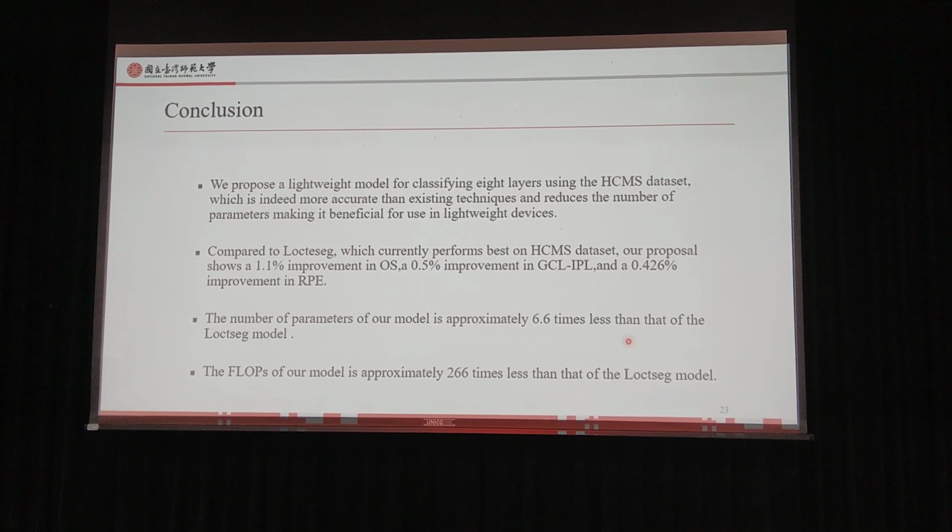And compared to LLCT, it has 1.1 improvement of OS and 0.5 improvement of GCL and IPO, and 0.4 to 6.5% improvement on RPE. And the FLOPs and parameters also have some improvement. It shows on this picture.